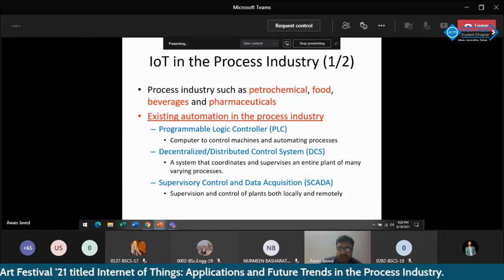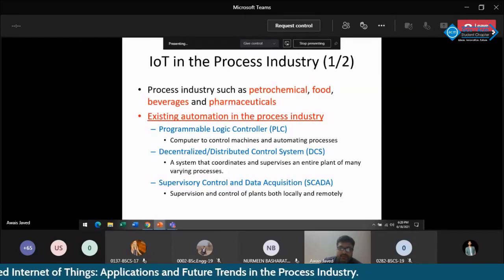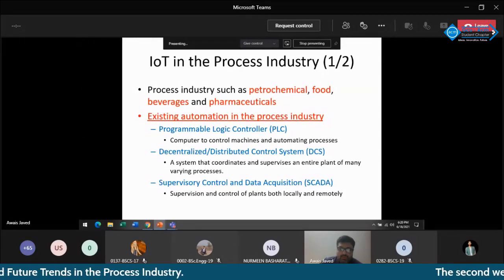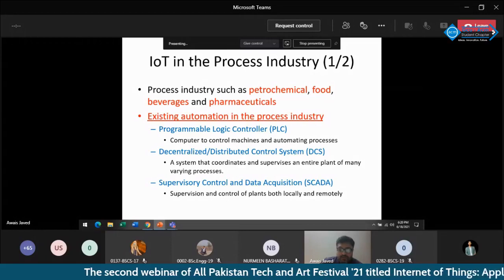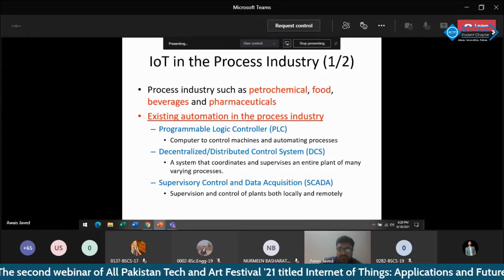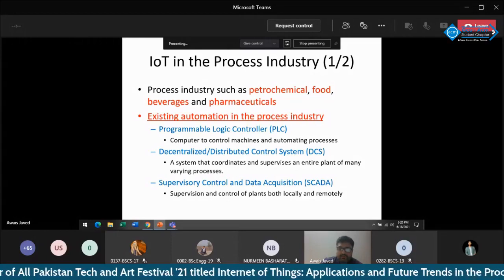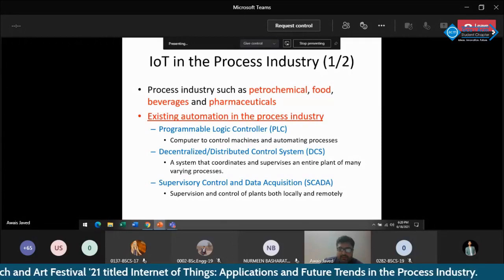If we increase the scale, we move to the decentralized and distributed control system, which is commonly known as DCS. DCS is a system that coordinates and supervises an entire plant and a lot of varying processes. It's basically a higher scaled version of a PLC.